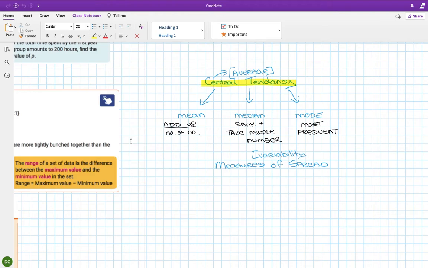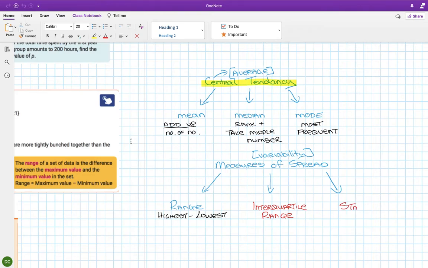So there's the range, which we're going to do today, which is really easy. It's basically highest minus lowest. And there are two other measures of spread, but we don't do them till Leaving Cert. So there's interquartile range, which used to be on the Junior Cert, but it was taken off with this new course. And then the other one, which has always been Leaving Cert, is called standard deviation.